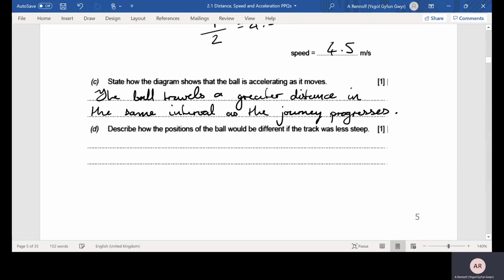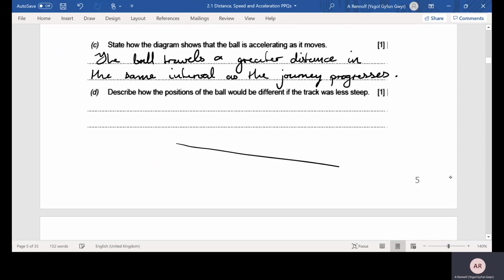Describe how the positions of the ball would be different if the track were less steep. Well, if we've got a track like that as opposed to one like that, the ball is going to be accelerating at a lower rate. It's going to be accelerating at a decreased rate, which means that, to use the wording in the question, which is always a good idea, use the words and the phrases that they give you in the question, the positions of the ball would be closer together.